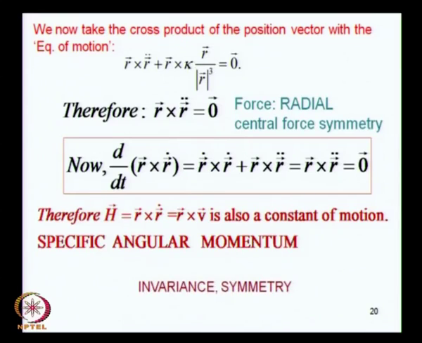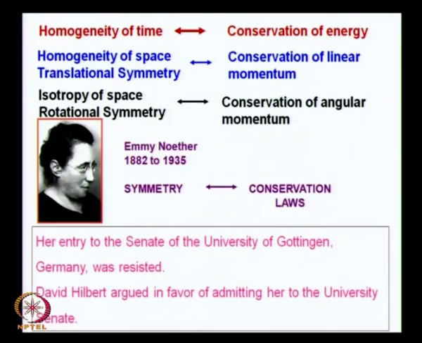So, once again we meet a connection between conservation and symmetry. The quantity which is conserved is the angular momentum or the specific angular momentum, which is the same. The symmetry is the radial or central field symmetry of the force. So, that is this connection between symmetry and conservation law that we meet again.